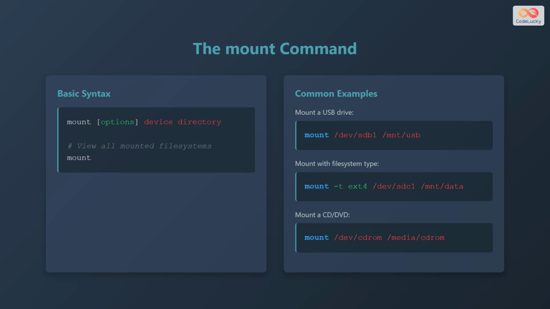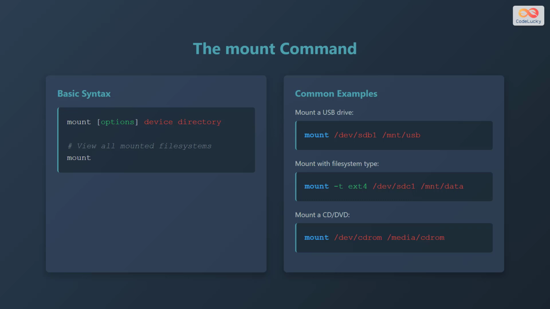The basic syntax of the mount command is as follows: mount, then in square brackets, options, then the device, and then the directory. An example of how to view all mounted file systems is with just the word mount. The mount command is used to attach a file system to a specific mount point, making the storage device's content accessible. To mount a USB drive, you would use the command mount /dev/sdb1 /mnt/usb.